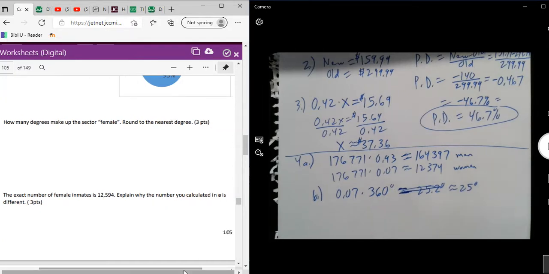It says the exact number of female inmates is 12,594. Explain why the number you calculated in A is different.